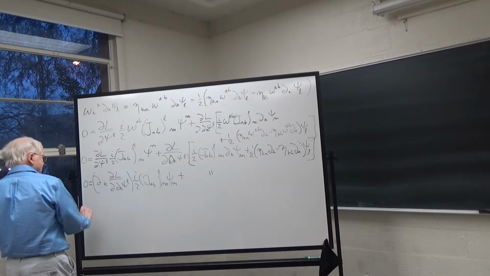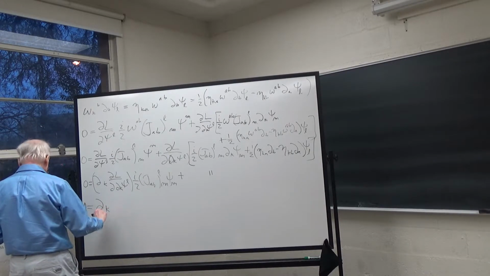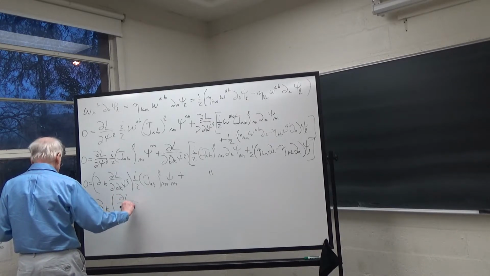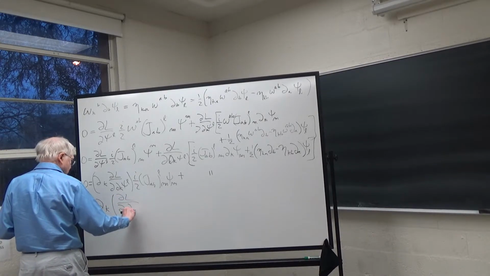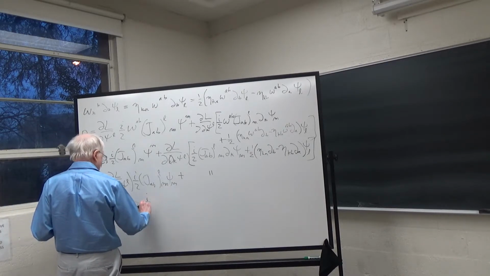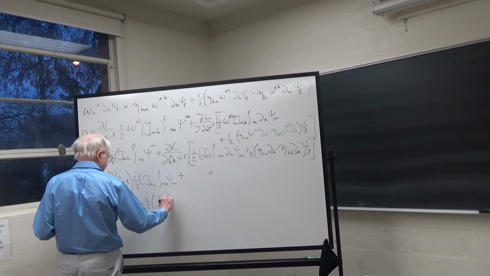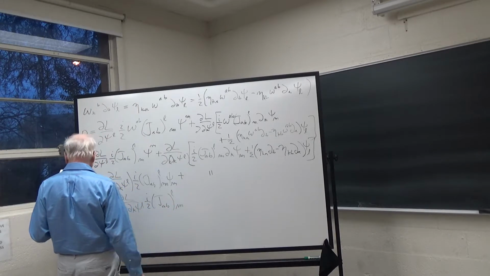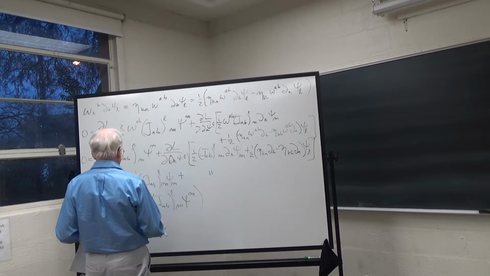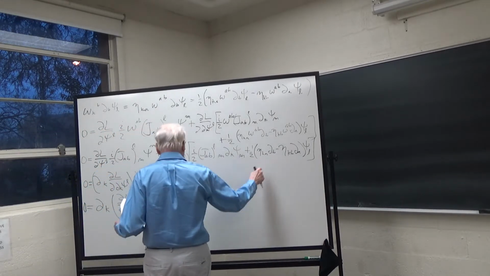And so we can rewrite this as 0 is equal to partial k of, and now we have partial L with respect to partial k of psi L, i over 2 JAB LM psi m. So that this one term gives us this term plus that term, and then we have this term.